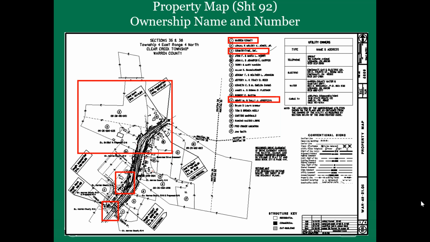The idea of the property map is to show all the properties that will be impacted, in their entirety or as best possible, along with the relationship of the existing corridor to the proposed corridor. And that's the broad of it, and the property owners themselves, numbering them and their names. So I'm going to zoom in a little bit more so you can actually see.